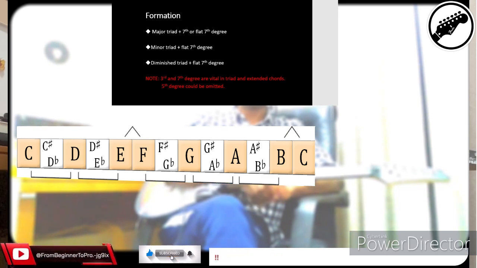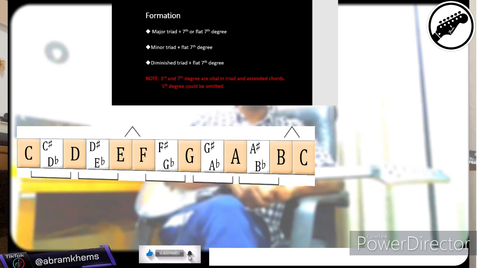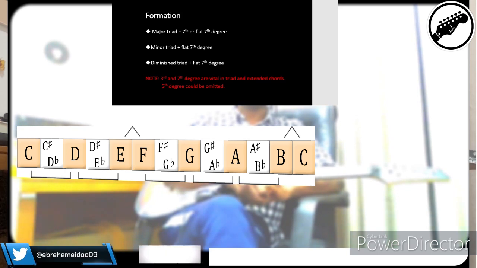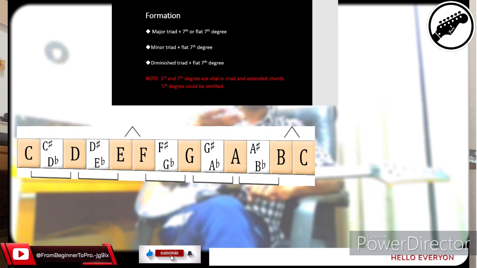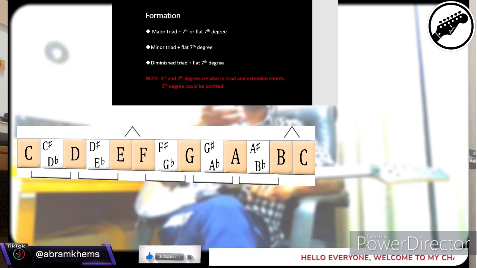They are basically dominant chords, but we don't say C minor dominant. No, we just say C minor 7th or D minor 7th. Okay, unless it's a major chord, that's where we can use dominant.